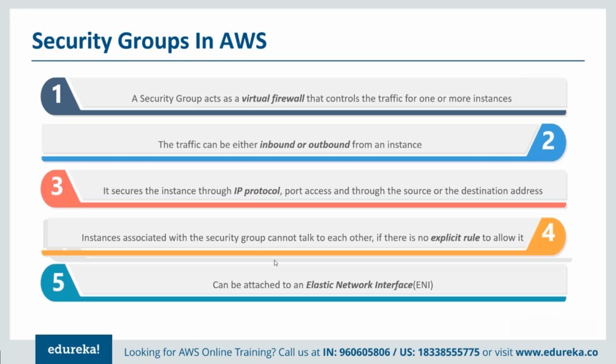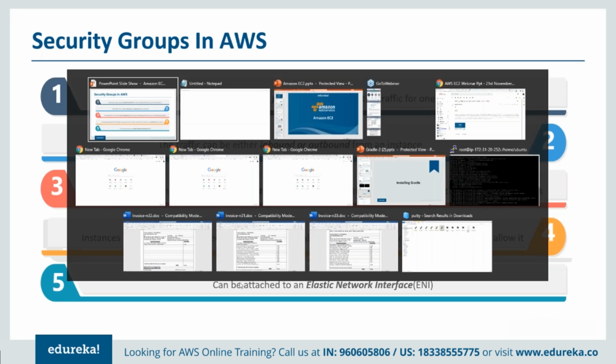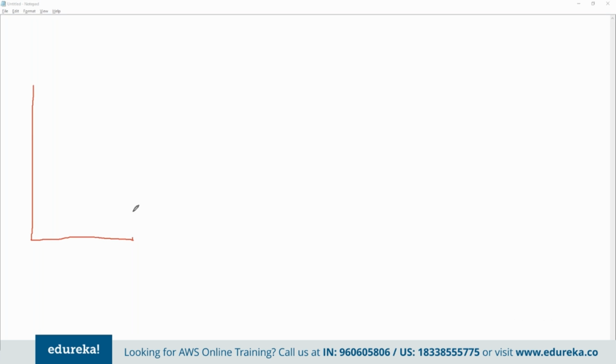All right, next we have security groups. When we are deploying servers, the server will be required to have a connection as well, right? Because suppose we have deployed a server, now in order to work on the server, we need to establish a connection to the server itself, right?